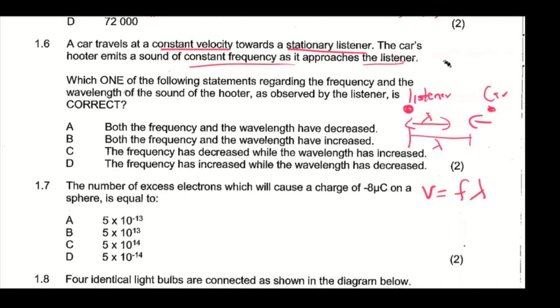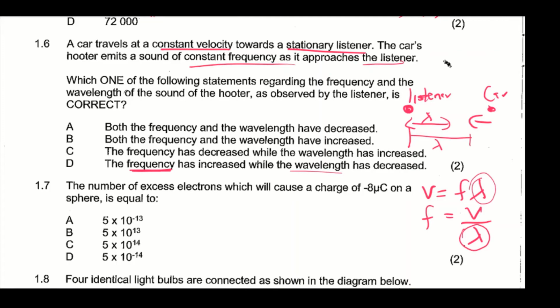And we're observing frequency and wavelength, right? So if the wavelength decreases, then what happens to the frequency? So frequency is equals to V over lambda. So if wavelength decreases, then the frequency becomes higher, right? So it increases. So they're inversely proportional.